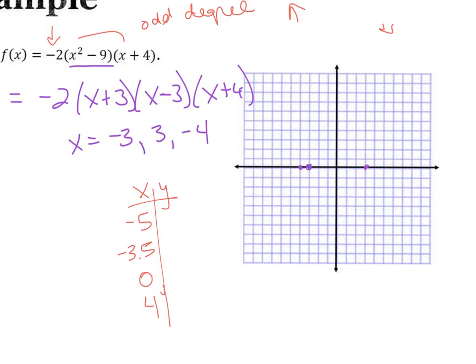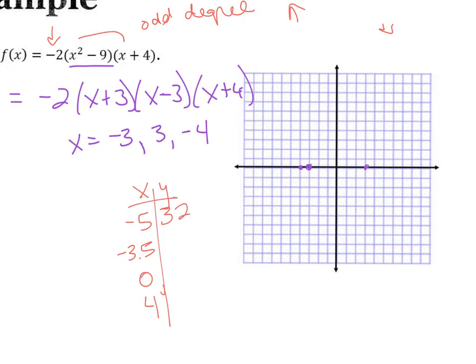You can plug it into this exact form where given, or if you want to, you could multiply that out and put it into a standard form. So I'm going to plug -5 into my calculator, and I get 32.